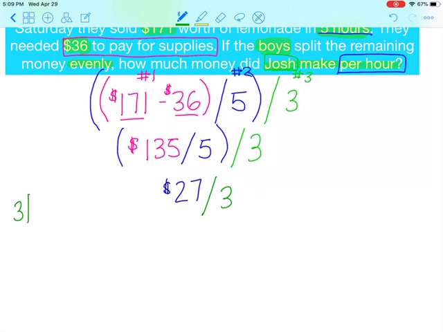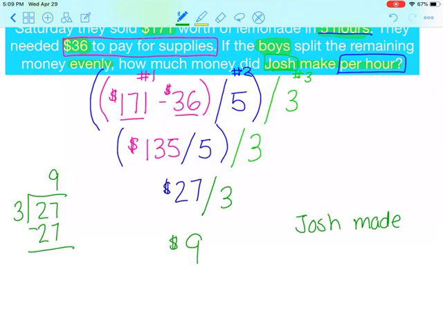So if I did 3 divided by 27, you know that 27 is a multiple of 3 because 9 times 3 is 27. So I'm left with $9. So Josh made $9 every hour the lemonade stand was open.